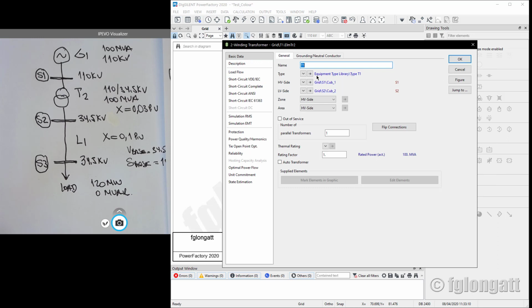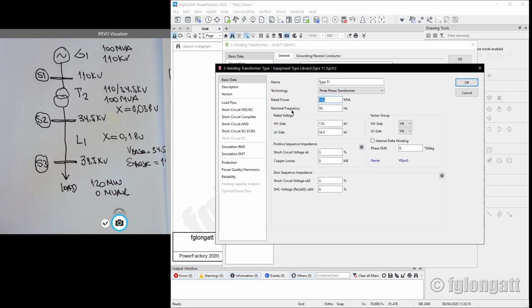The transformer is 100 MVA, 50 Hertz, going from 110 kV to 34.5. And everyone who comes out from a bachelor degree must know that percentage is 100 times the per unit value. That means 0.03 per unit becomes 3%. All my students and any bachelor student must know about that.